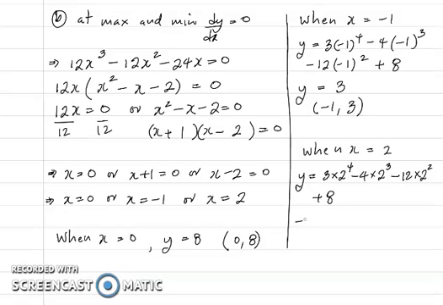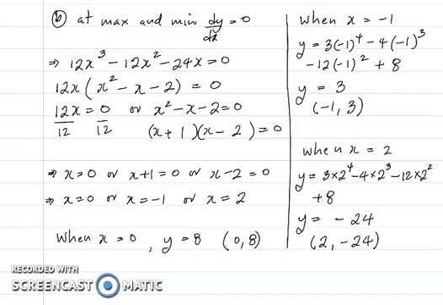If you put that in a calculator, you're going to get y is equal to minus 24. And so 2, minus 24 is another stationary point. So we have all three stationary points. So at B, we're asked to find the stationary points on the curve. So we did. The stationary points are 0, 8, minus 1, 3, and 2, minus 24.